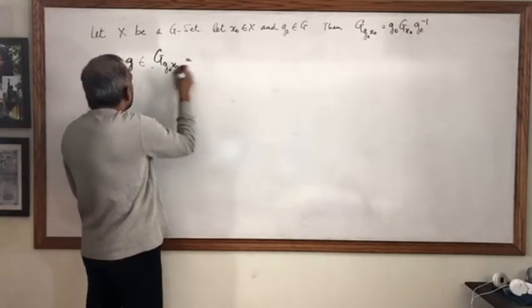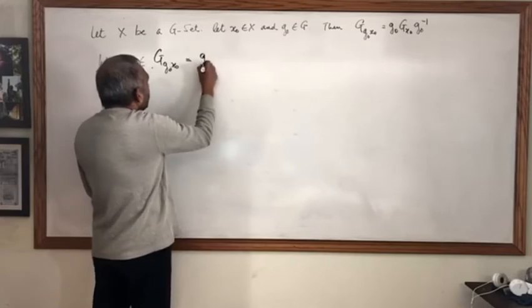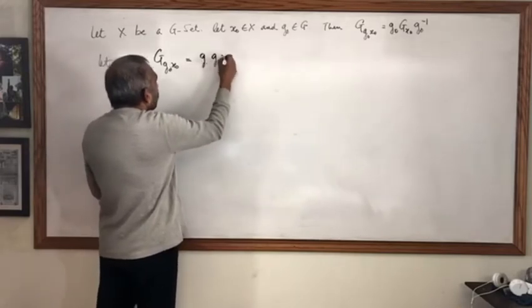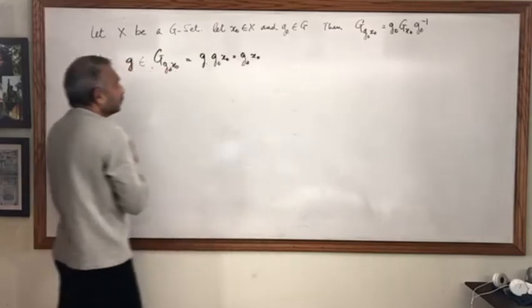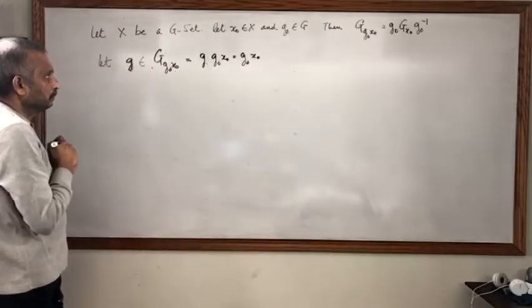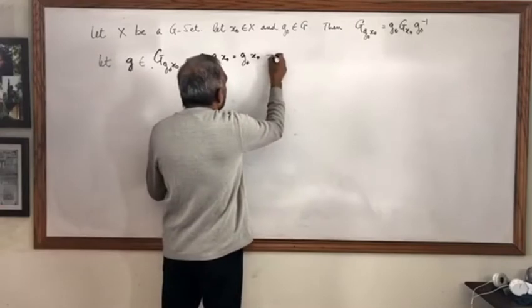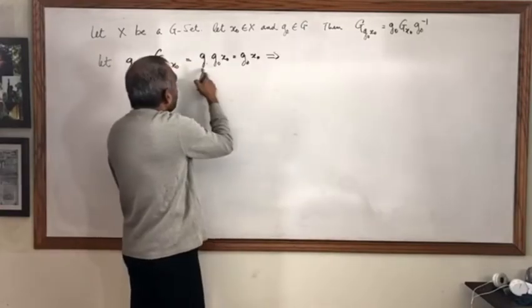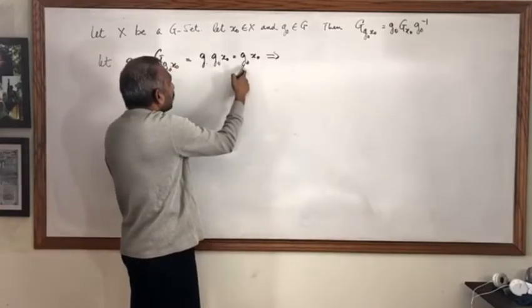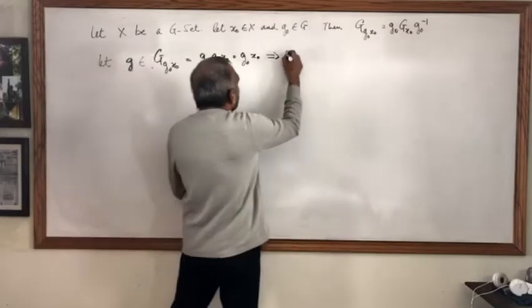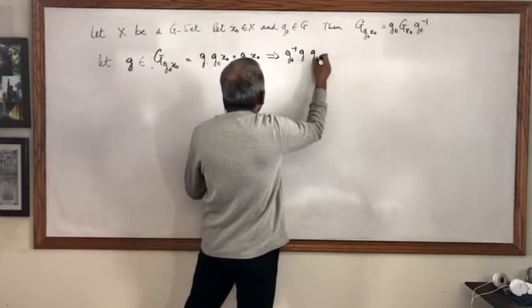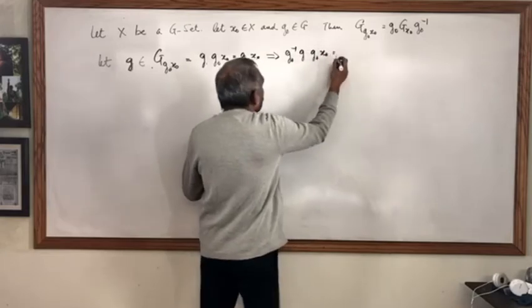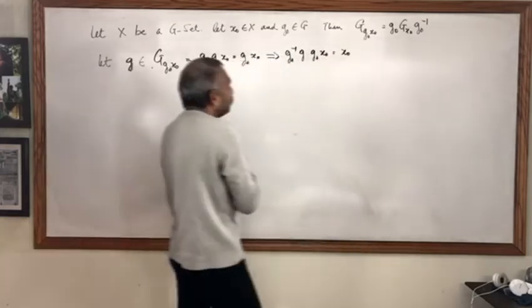This means that g of g0 x0 is equal to g0 x0. And that implies you take the g0 inverse on both sides. So g0 inverse g g0 x0 is equal to x0.